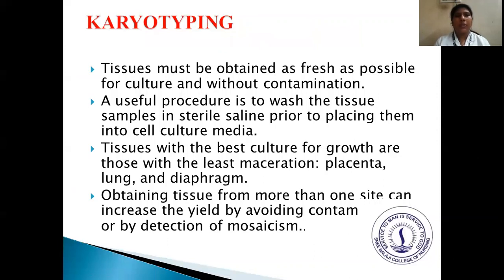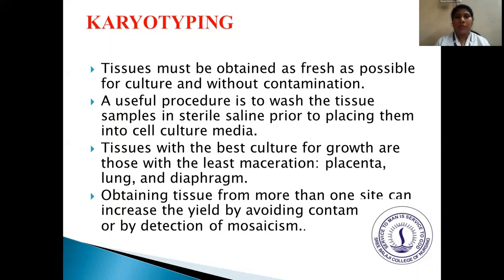Then karyotyping, that means tissue must be obtained as fresh as possible for culture and without contamination. A useful procedure is to wash the tissue samples in sterile saline prior to placing them into cell culture media. Tissues with the best culture growth are those with the least maceration: placenta, lungs and diaphragm.